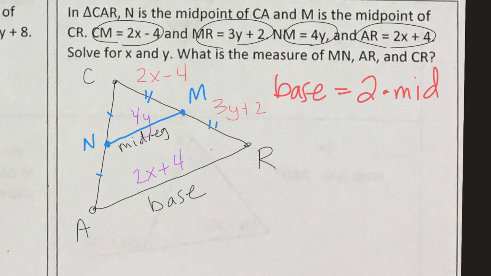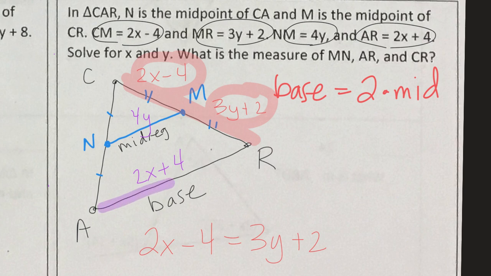So we're going to set these two equations equal. That is what the geometry says, that if we have a midpoint, then you have two congruent segments. So these guys right here, we set equal because they are two congruent segments because there's a midpoint there.